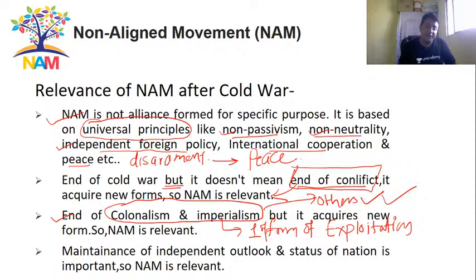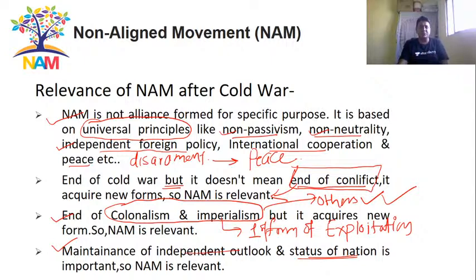Clear? Next important thing. These are the question marks over the NAM, and we are providing the answer for it, whether the NAM is relevant or not. In international affairs, maintenance of independent outlook and independent status of the nation is important.